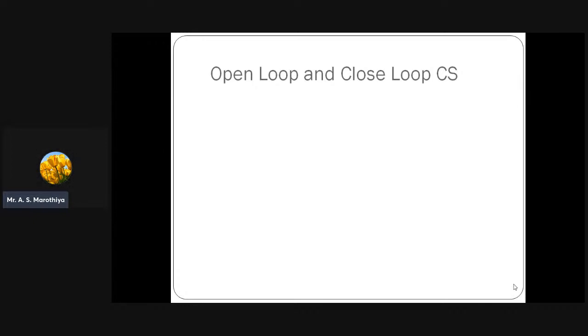First we will cover in detail the concept of open loop control system and closed loop control system, the significance of open loop and closed loop, the demerits of each, how to represent in general an open loop control system, the fundamental components available in open loop and closed loop control systems, and finally we are also going to make a comparative analysis between open loop and closed loop control systems.